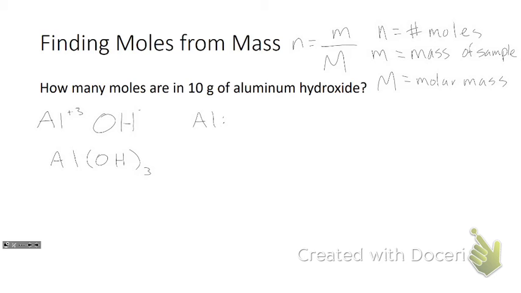So aluminum has a molar mass of 26.98 grams per mole. We have 3 oxygens and we also have 3 hydrogens.